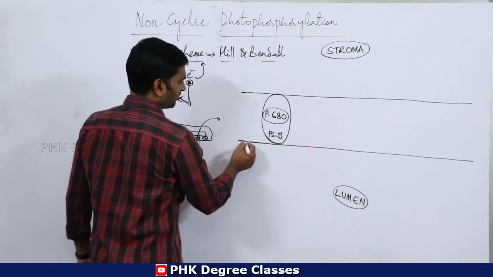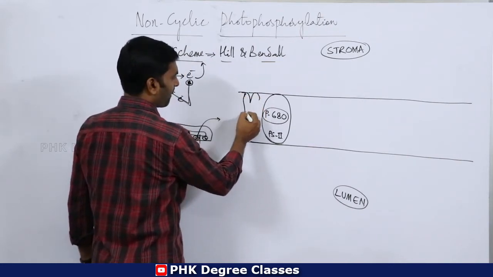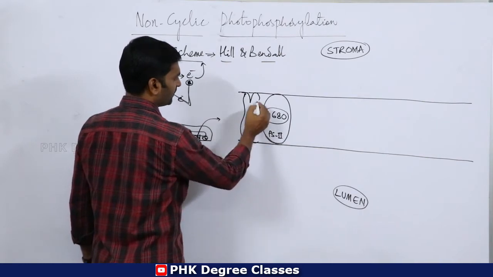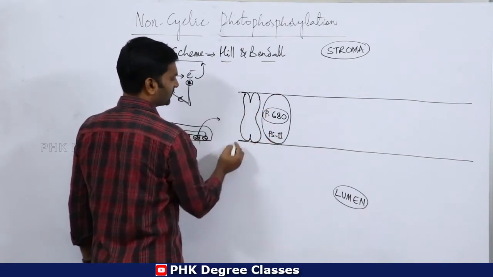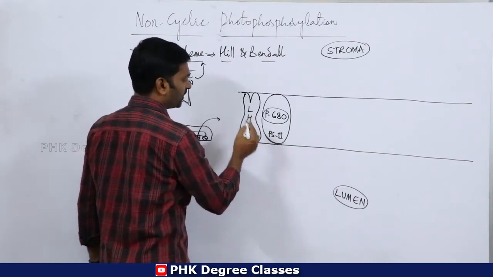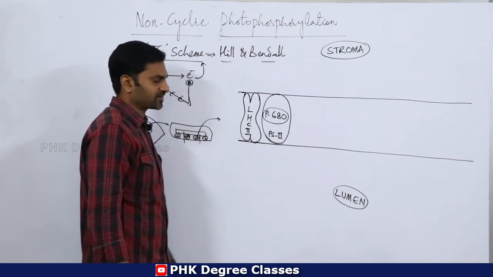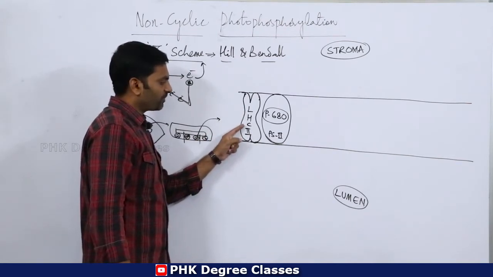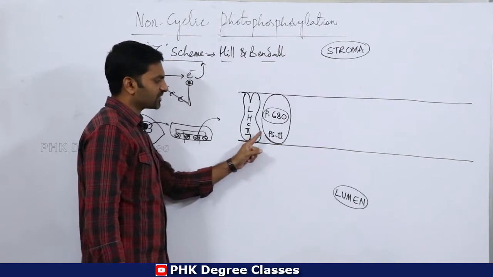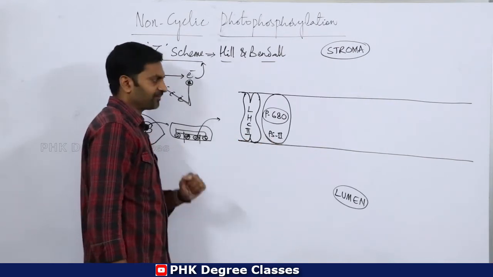Then the light receptor will be this one. The light receptor is LHC. I have already told you the detailed information of LHC in my previous classes. So, light harvesting complex 2 is associated with photosystem 2. Clear?